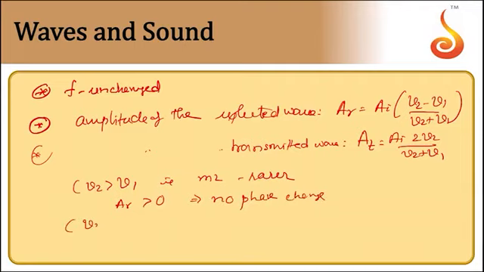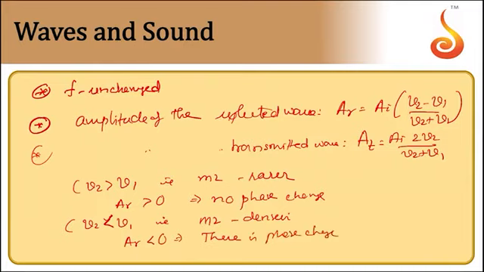However, if V2 is less than V1, that means if medium 2 is denser, then AR is less than 0. That means there is a phase change by pi, of course, for the reflected wave.